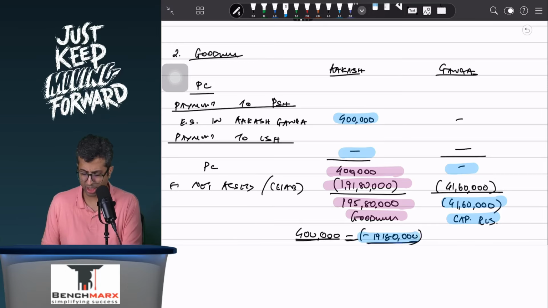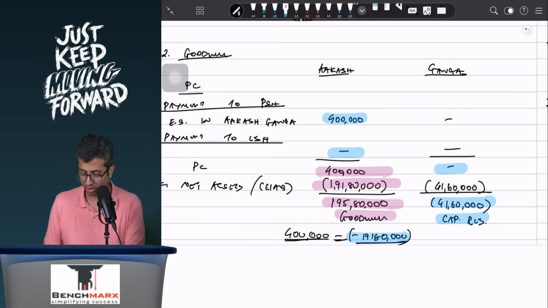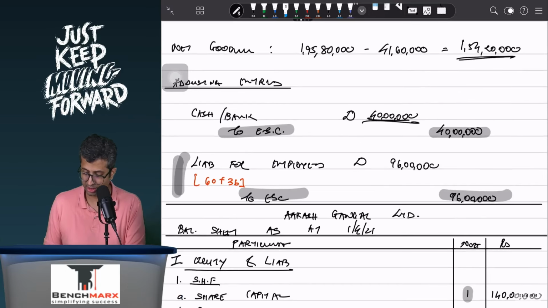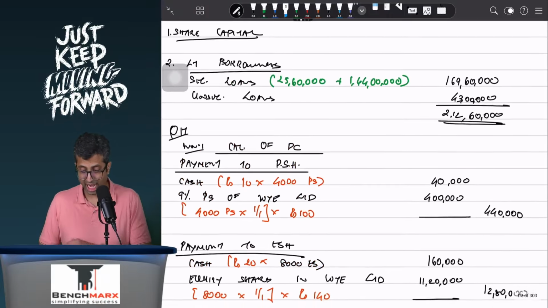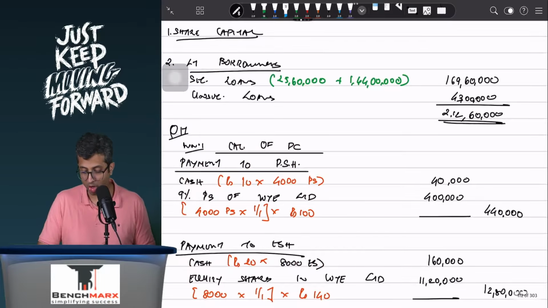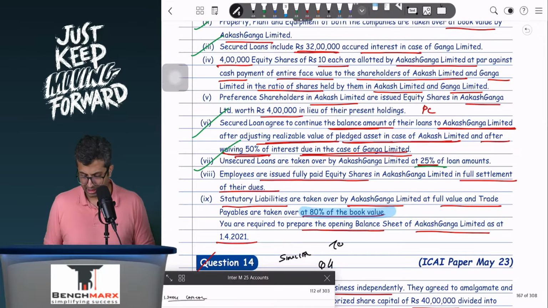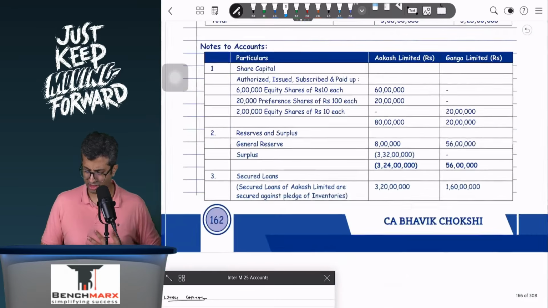Remember, in the balance sheet, I don't need to show both. I will need to show one of the two, and hence the net goodwill or net capital reserve. There will be the net goodwill of 1 crore 54.20. There will be new equity shares issued, liability to be settled by issuing equity shares, and then you will prepare the balance sheet of Akash Ganga. And that takes care of all of these problems. Now, I think this was an RTP question, if I'm not wrong.